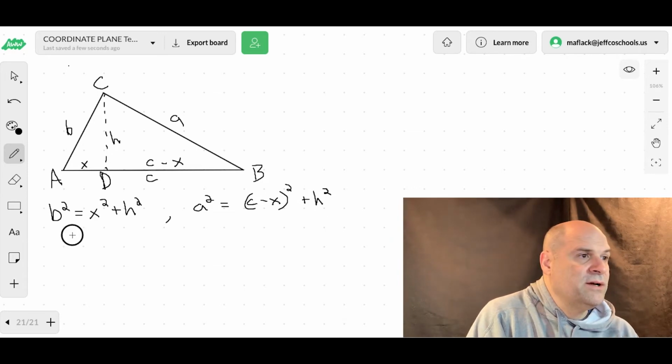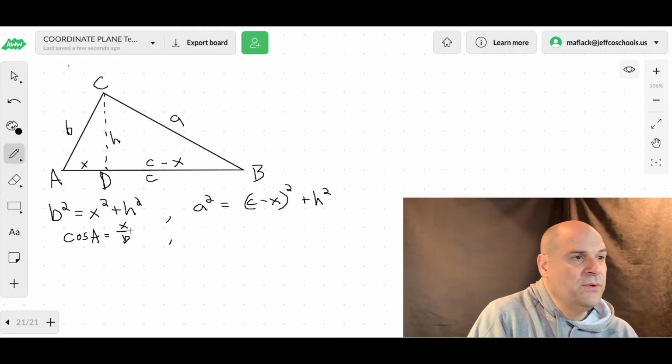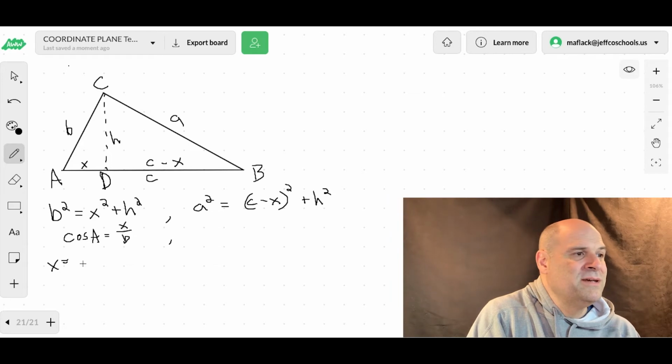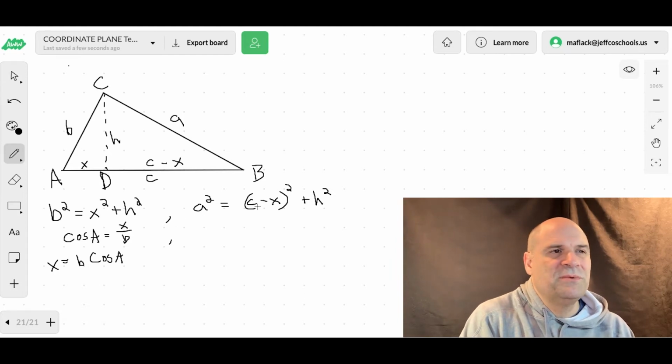I could say cosine of A equals adjacent over hypotenuse. So here's A, so adjacent is x over B. Or in other words, if I just wanted to solve for x, I could say x equals, multiply both sides by B, B times the cosine of A. So far, so good?